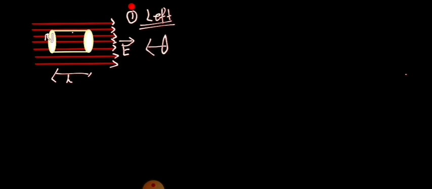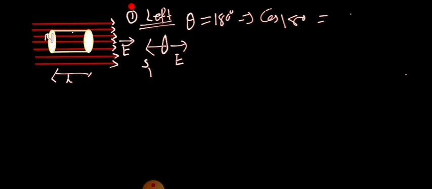This is S1 and the electric field is like this, so the angle between them is 180 degrees, and cos 180 is equal to minus 1. So the flux will be equal to minus E into the area, πr².